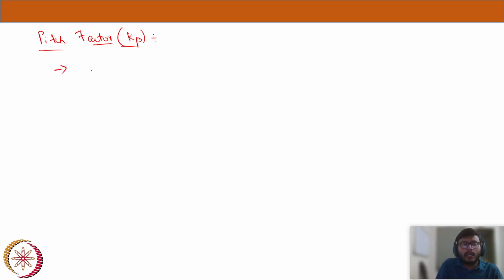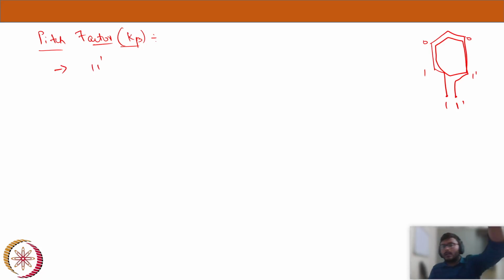Let's say we have coil 1 and 1 dash. 1 will be the going path and 1 dash will be its return path. Many turns are there, and this is the overhang part, the backside of the coil.